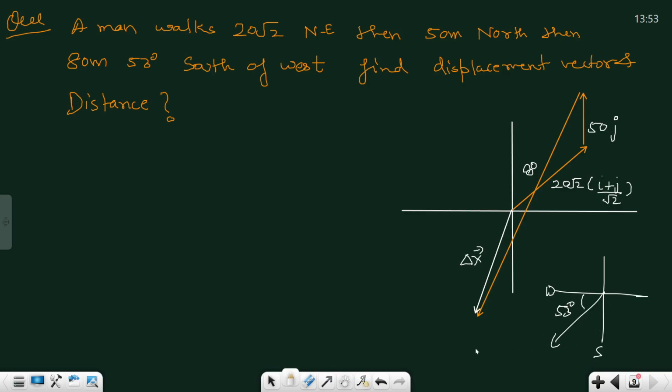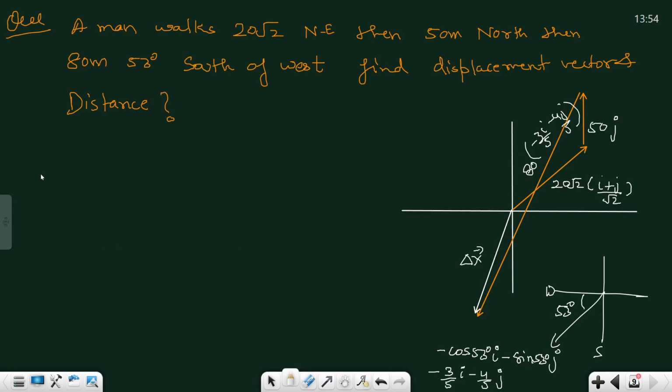This will be minus cos 53 degree i minus sin 53 degree j. Is it correct? Yes, sir. It will be minus 3 by 5 i minus 4 by 5 j. So this will be (minus 3i minus 4j) by 5.